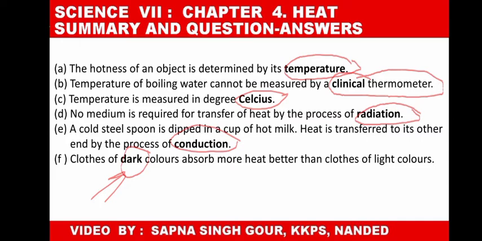What is the reason that you prefer dark colored clothes during winter while light colored clothes during summer? Because we have seen that dark colored clothes absorb the heat, whereas light colored clothes reflect the heat. So we have seen that dark colors are good absorbers of heat.